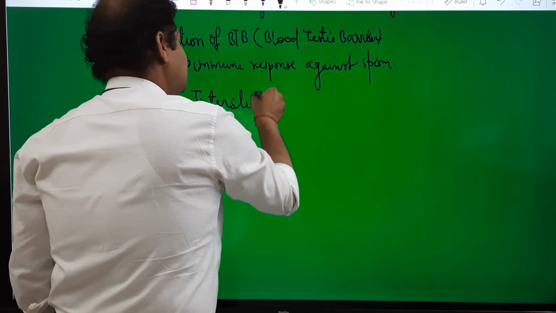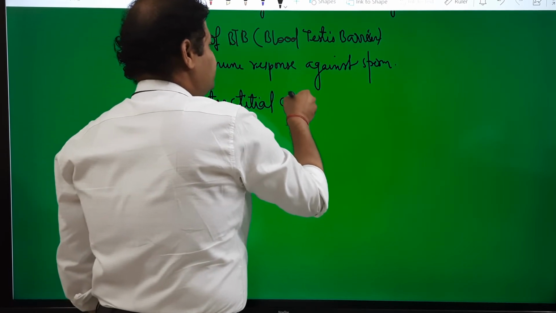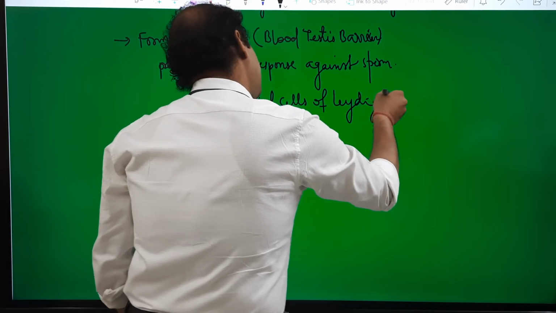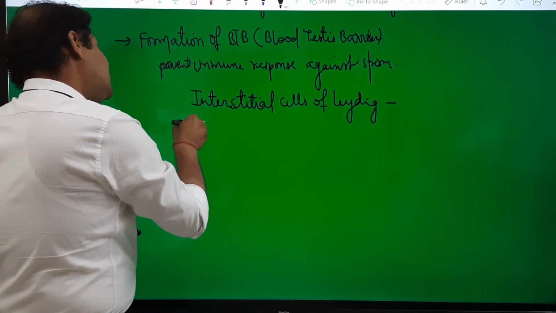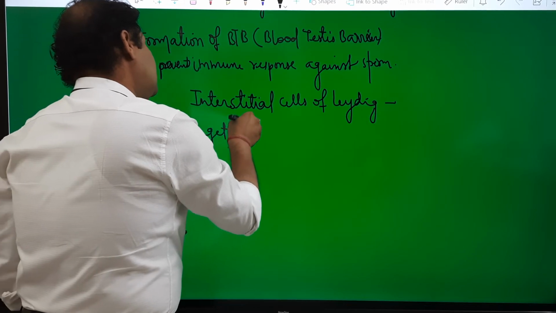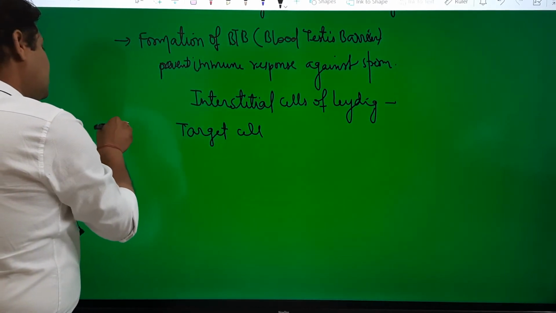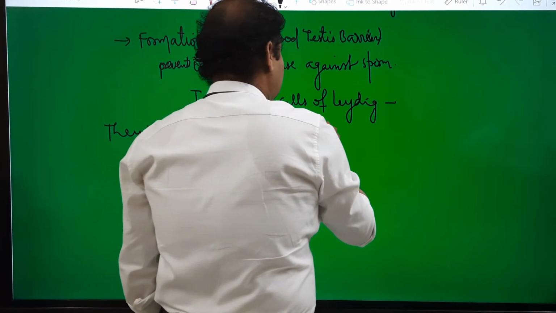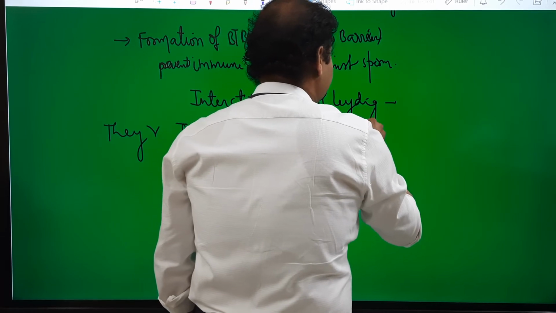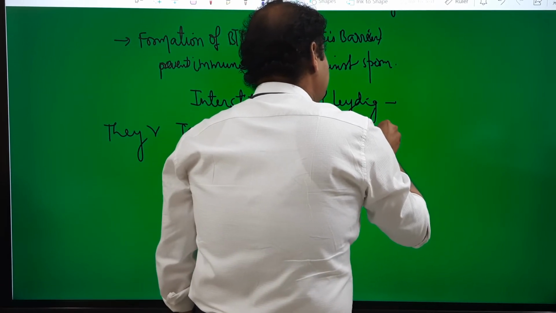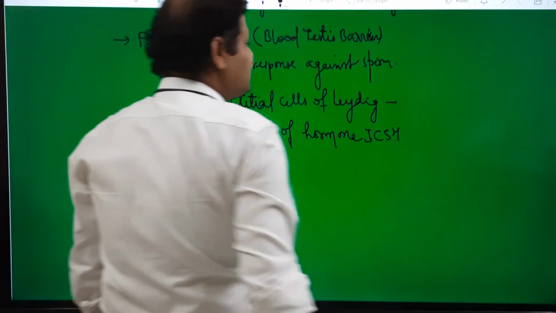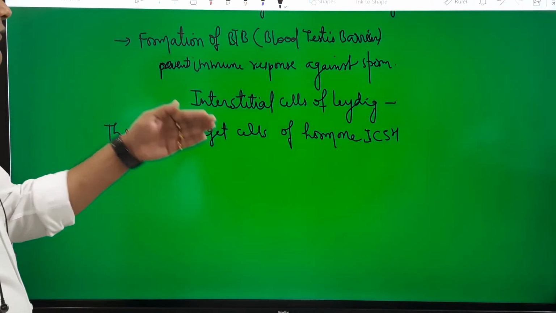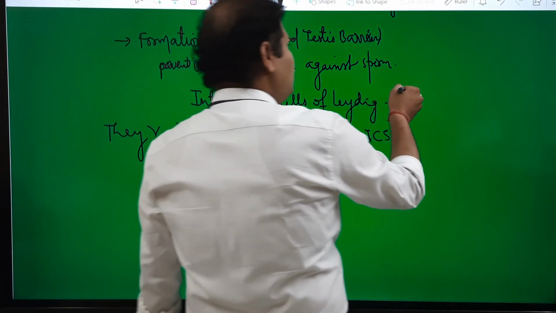They are target cells of the hormone ICSH, interstitial cell stimulating hormone, and they are polygonal cells.